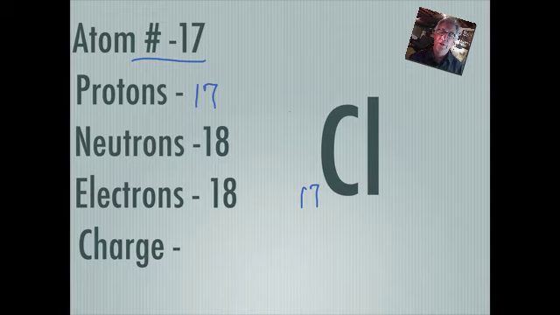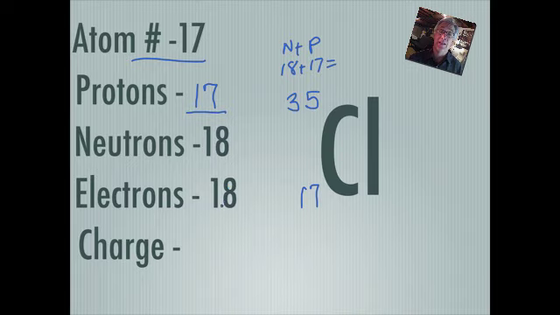But we still need the atomic mass, and the atomic mass is neutrons plus protons, and so that would be 18 plus 17, and that's going to equal 35. That will be our atomic mass. Now in normal situations, this would be 17 positives, and electrons would be 17 negative to balance it.